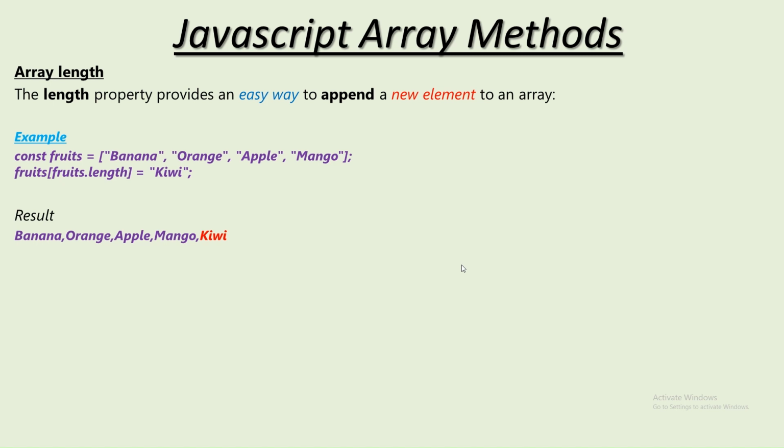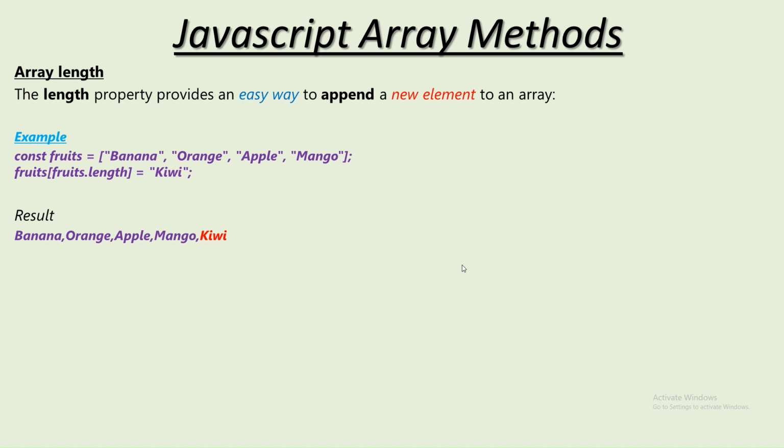Normally we know that the index number of an array starts from 0. So that would be 0, 1, 2, 3. However, the length of the array is 4. So the fruits.length will return 4 and we are assigning a value to the fourth element. Now the result would be banana, orange, apple, mango, and it will add kiwi to it.